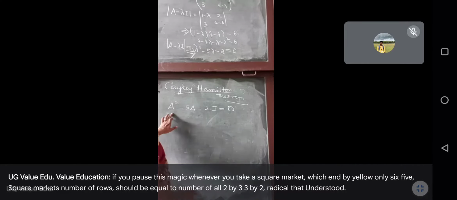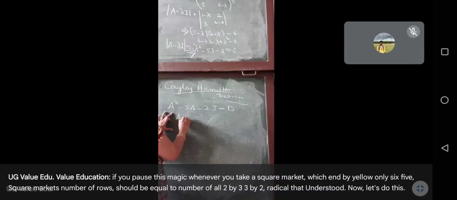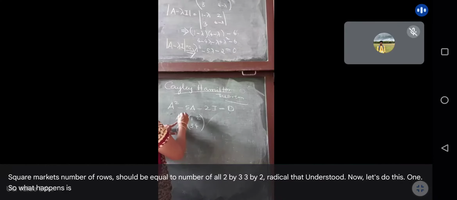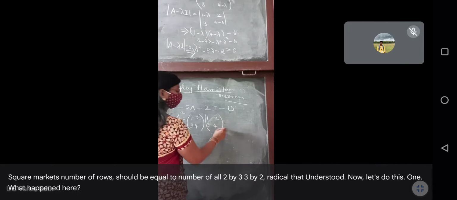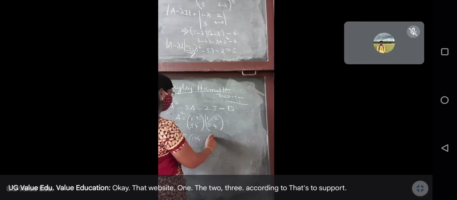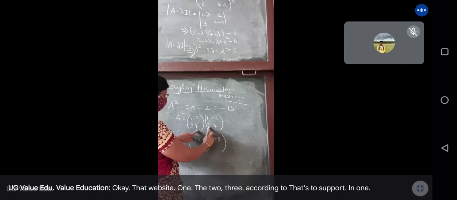Now let's do this. A is given as 1, 2, 3, 4. So what will happen to A square? A into A. Two matrices you know how to multiply, no? Let's multiply: 1 into 1 plus 2 into 3, 1 into 2 plus 2 into 4, 3 into 1 plus 4 into 3, 3 into 2 plus 4 into 4.